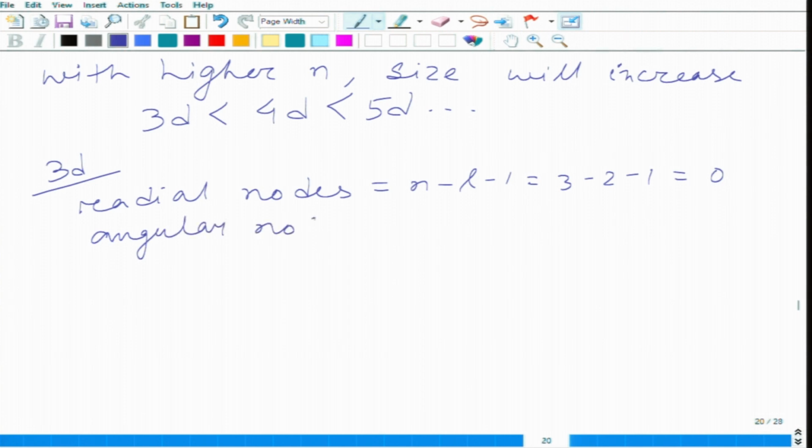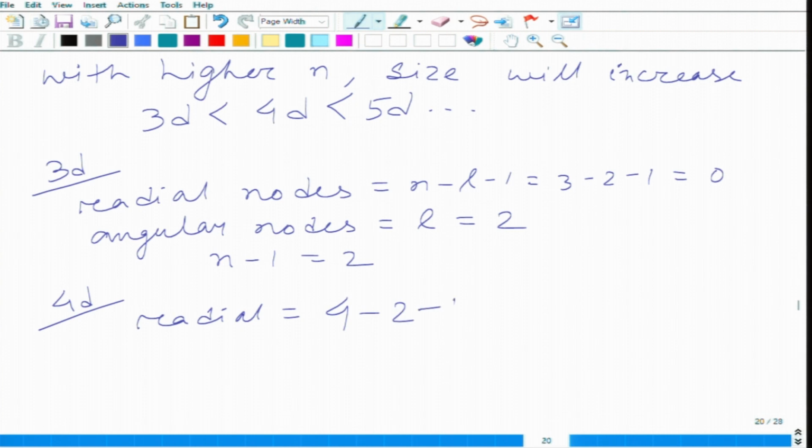And angular nodes l equal to 2. So total nodes will be n minus 1, that is 2. Now for 4d, radial nodes will be 4 minus 2 minus 1, that is 1 radial node, and angular nodes will be 2.